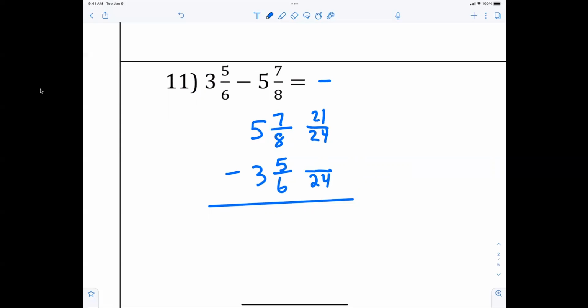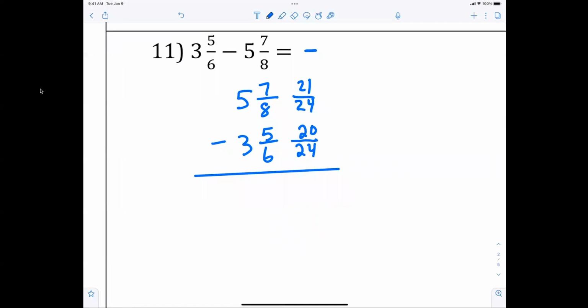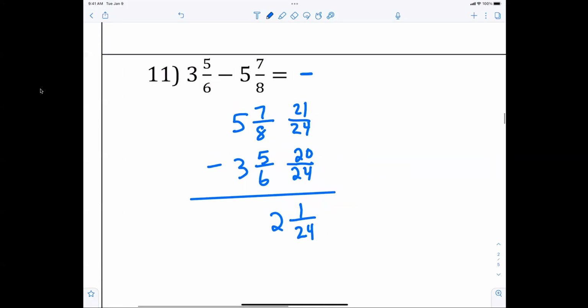So that's going to be a 20, which is nice. Now, can I subtract? So the answer is 1/24. Now 5 minus 3 is 2. That's why I put a negative on the other side, because I don't want to forget what the answer is. So it's -2 and 1/24.